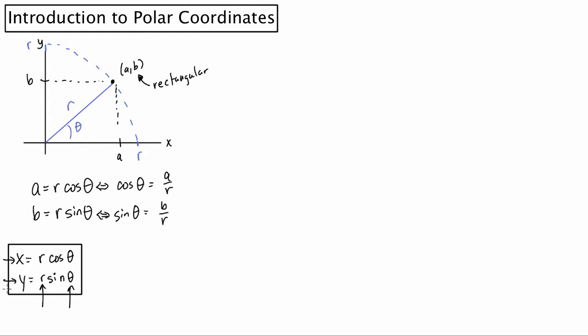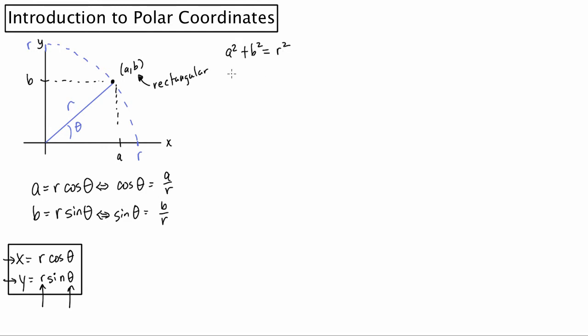So we need to have a reverse formula, and the reverse formula comes from looking at the triangle once again. Because r is the hypotenuse of that triangle, we can immediately say that a squared plus b squared equals r squared. This is by the Pythagorean theorem.